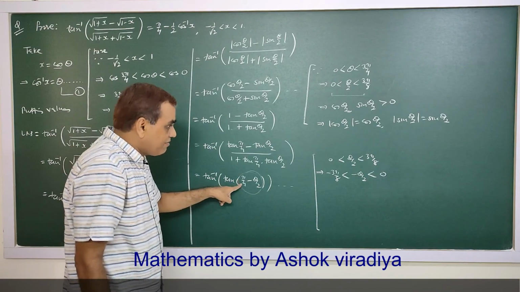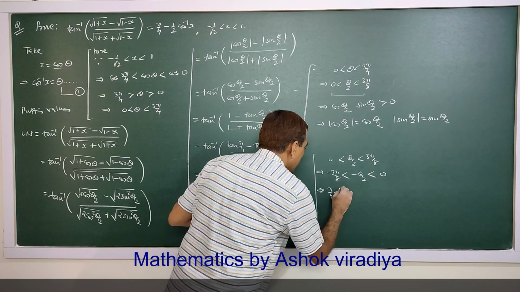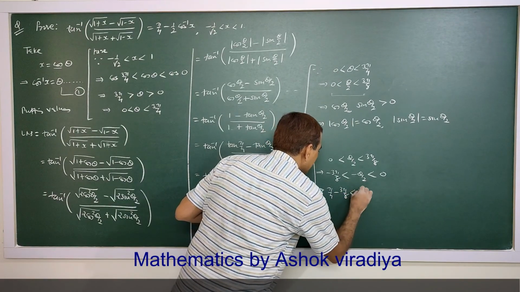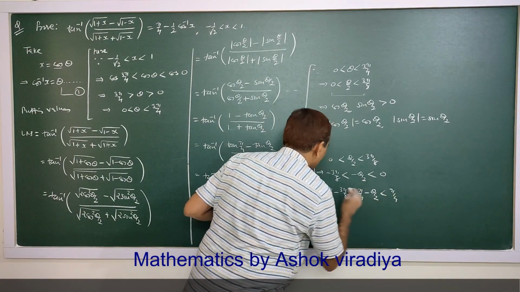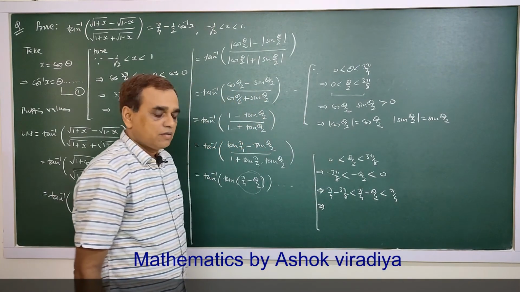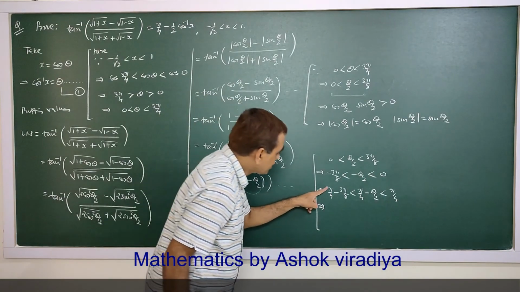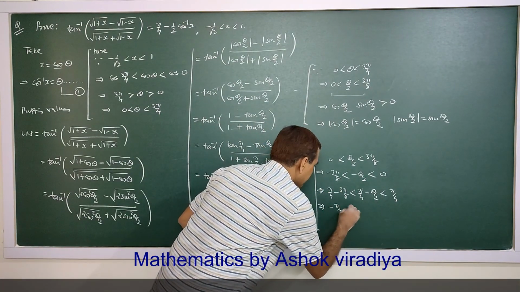Now adding pi by 4: pi by 4 minus 3 pi by 8, and pi by 4. This difference is 2 pi by 8 minus 3 pi by 8, so minus pi by 8.